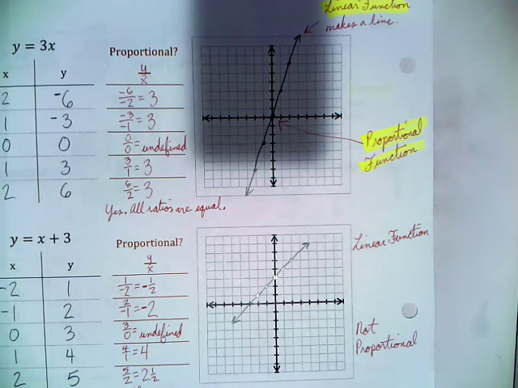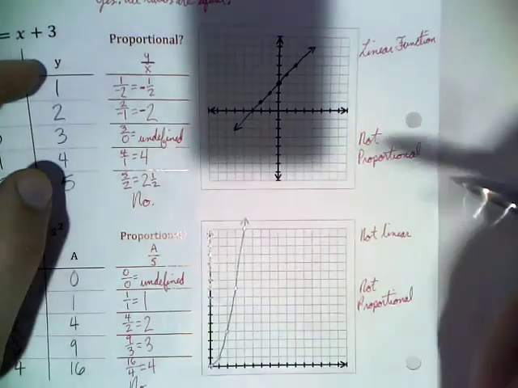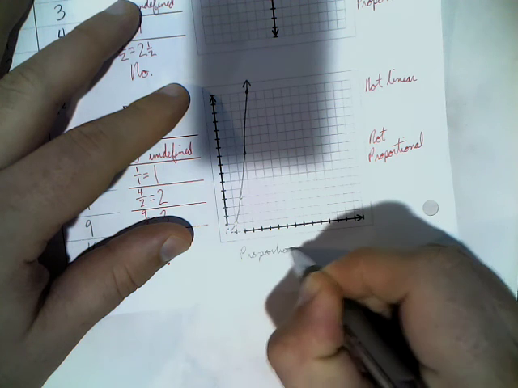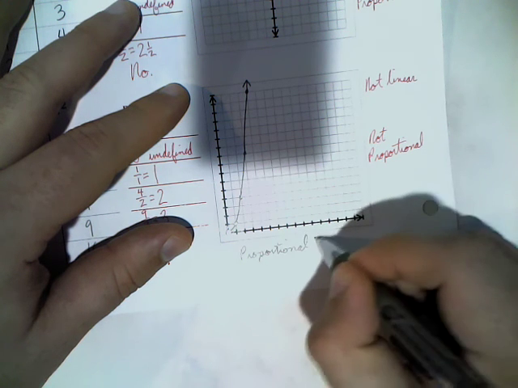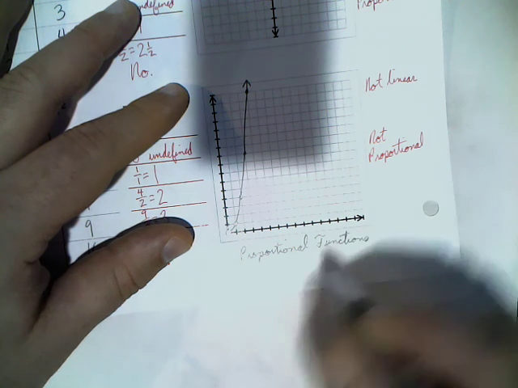So there's something special about this first one. It was proportional, and there are two things that it has that the other two are both lacking. And so those two things are proportional functions as a shortcut.